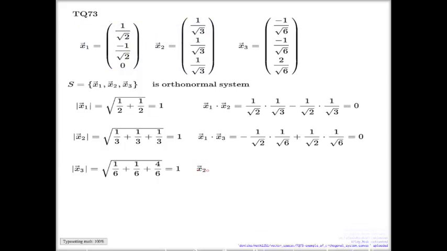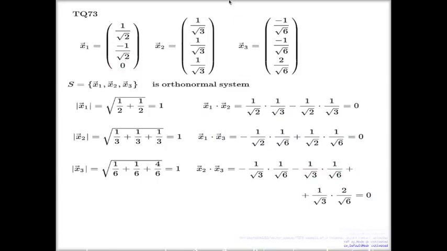And the third coupling is a longer one, x2 and x3, because no longer can you benefit from 0 here. It's a longer coupling. 1 root 3, 1 root 6 with negative, 1 root 3, 1 root 6 with another negative. And these two, yes, it's 2, so it is 0. So it is indeed an orthonormal system.